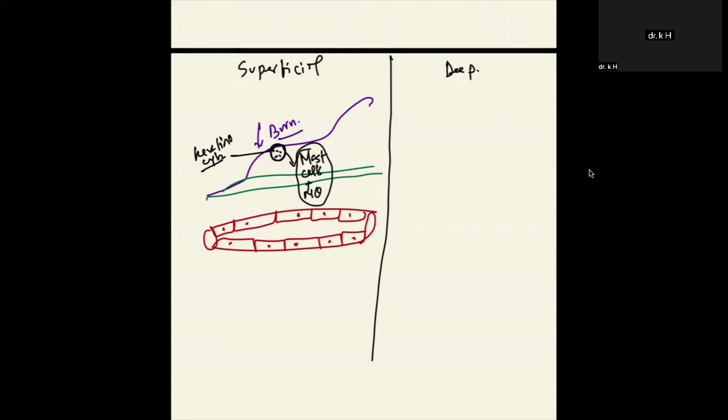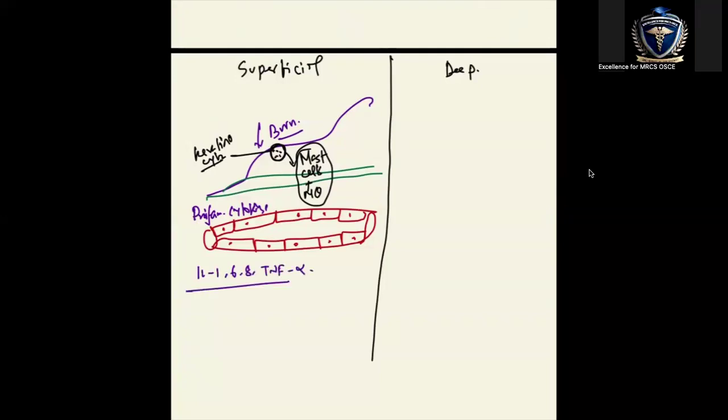These cells will produce some cytokines, called pro-inflammatory cytokines. The pro-inflammatory cytokines are interleukin 1, 6, 8, and tumor necrosis factor alpha.